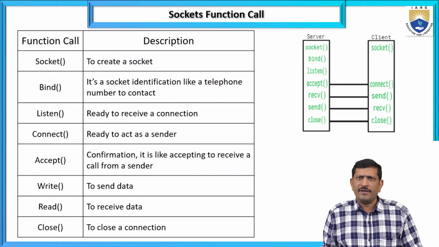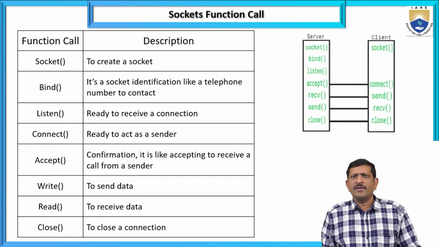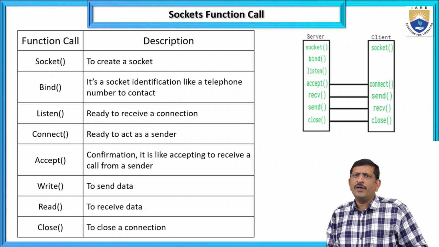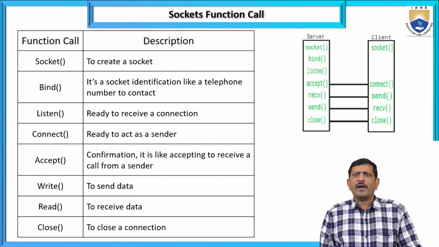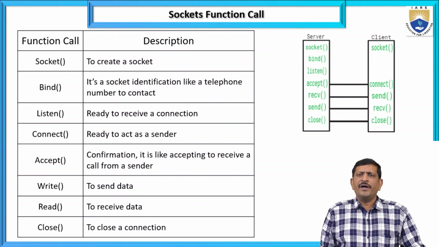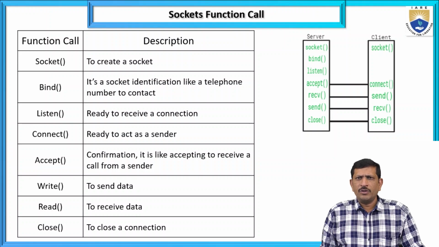Listen: ready to receive a connection. Whenever this function is activated, it means ready to receive a connection. Connect means ready to act as a sender. And accept means confirmation, accepting the call from a sender.